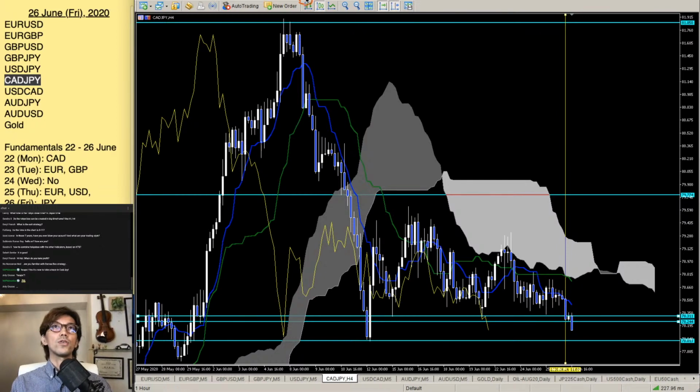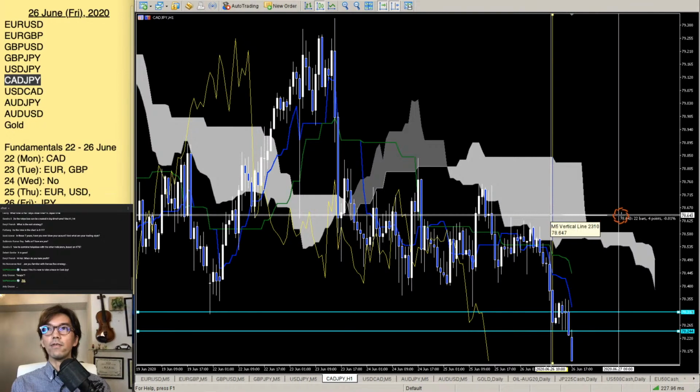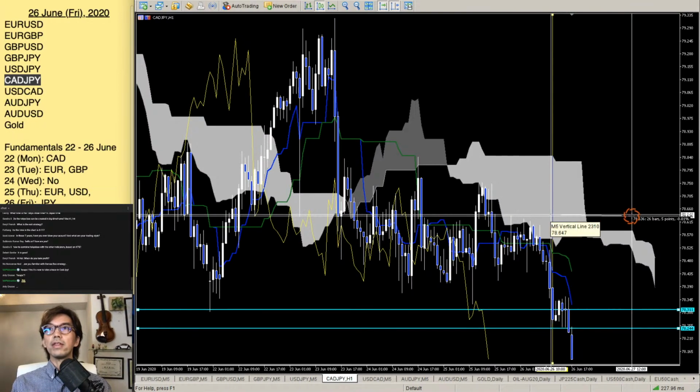So I go down to, for example, the 1 hour chart, and before the Asian session breakout, maybe I was seeing a down move of the Kijun-sen and Tenkan-sen, and also if I was looking at the Kumo, Senkou Span A started to move down, but Senkou Span B was flat.